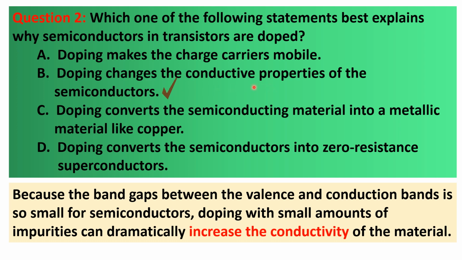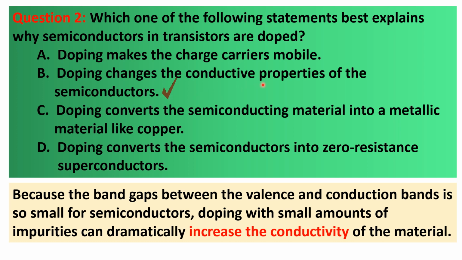Without the impurities, a semiconductor material, typically such as silicon or germanium, is not a good conductor, especially at room temperature.